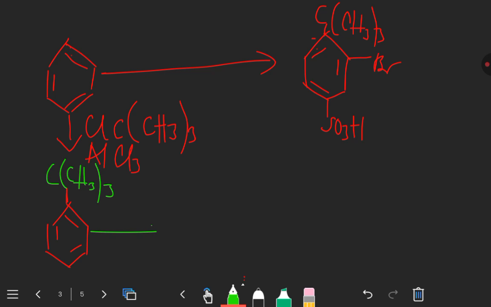Then we're going to do another reaction here. You can see that what was added at the bottom on the same para position was a sulfate. So this reaction had to undergo what is known as sulfonation of benzene.